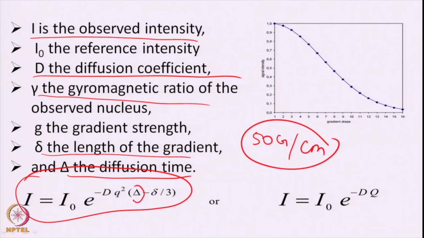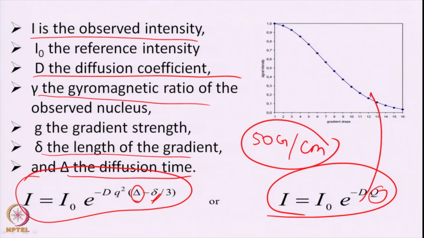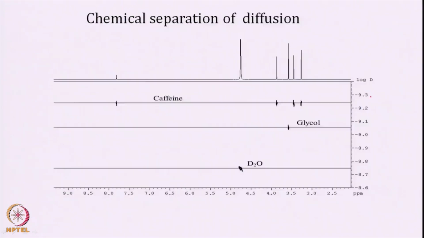Then the diffusion time we are keeping constant, like 120 millisecond or so. Here also you can vary it. So, you need to fit this equation, which can be easily fitted. Q is a constant term, and by fitting it one can determine the D value from this curve fitting. Nowadays many software packages do it, but you can write a MATLAB code for fitting this equation.